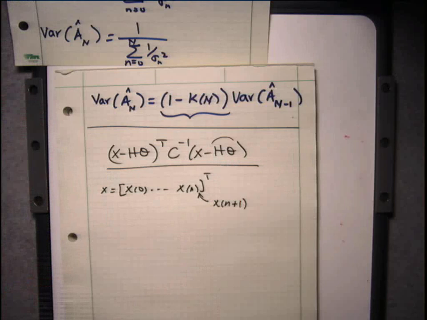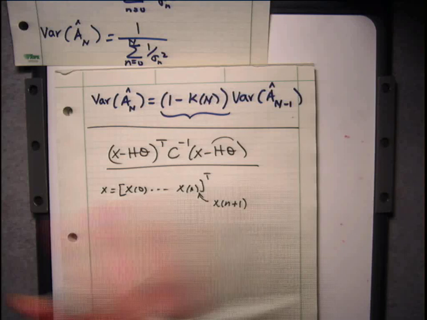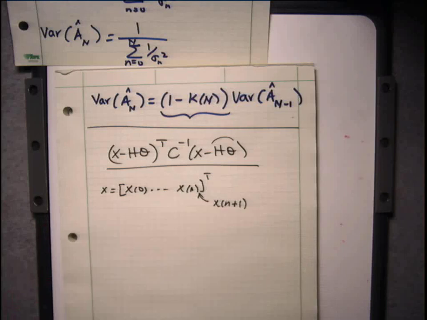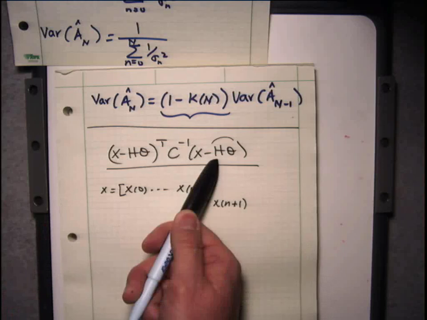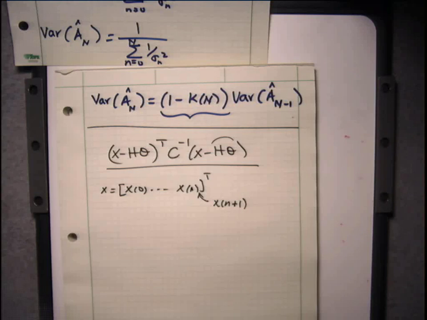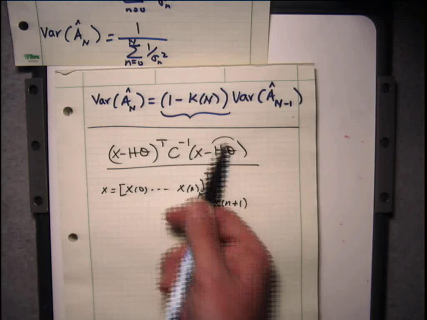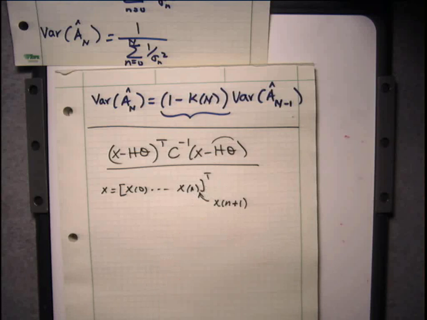All of these things can also be done, and we unfortunately don't have too much time to get into that, for nonlinear problems. The way they are done is that you take a nonlinear problem where h theta is no longer just a linear thing, it's like s of theta, and you linearize.